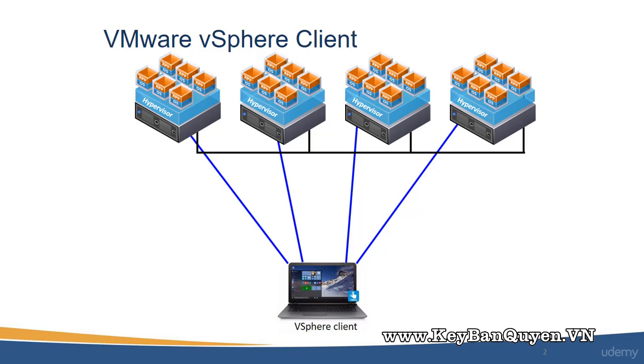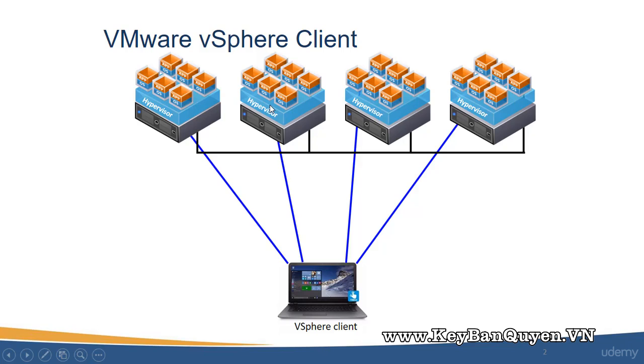Then I told you that if we want to do some other advanced tasks with those hosts, to manage our data center more efficiently, we need to have the vCenter server. For example, if we want to move a virtual machine from this host to another host, we need to use the vCenter. If we want to create high availability, we need the vCenter.